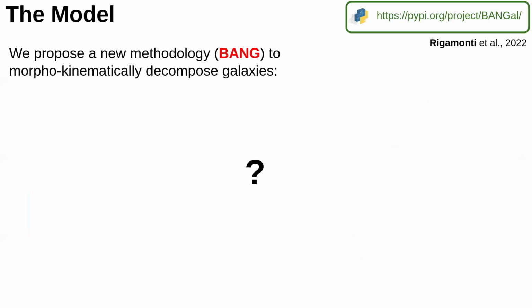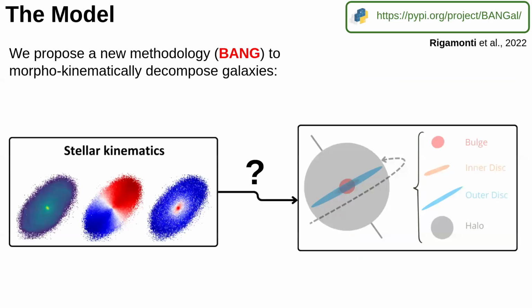Okay. Now, for this reason, since nowadays we don't have just the photometry, we have also the kinematics, we asked ourselves if we could provide a new approach to the decomposition of galaxies in which the density and the stellar surface brightness, as well as the velocity and the velocity dispersion, are modeled all together to obtain the information about the different components.